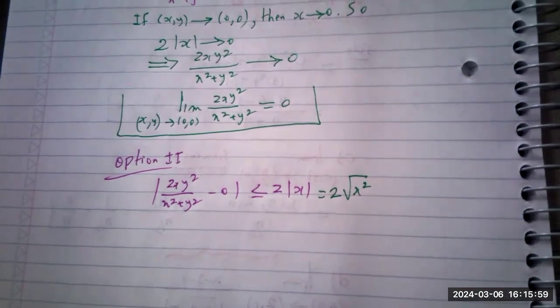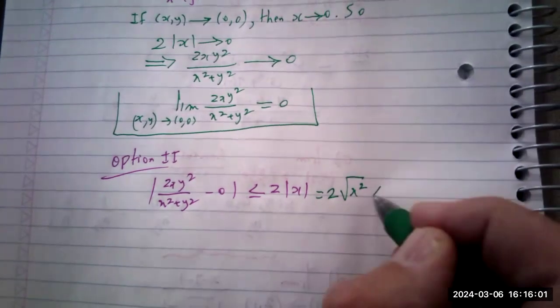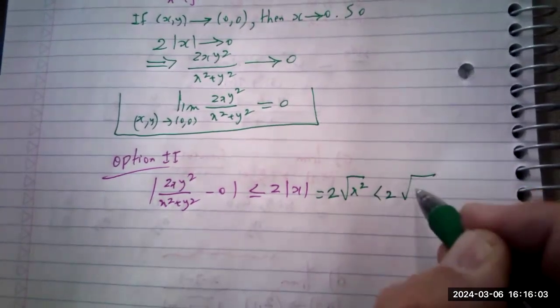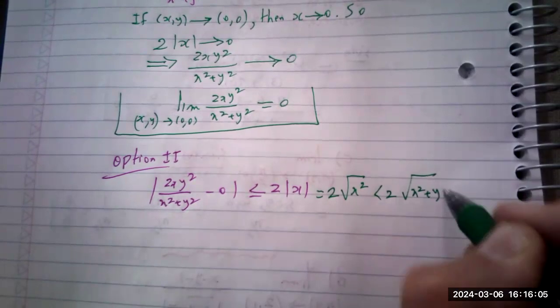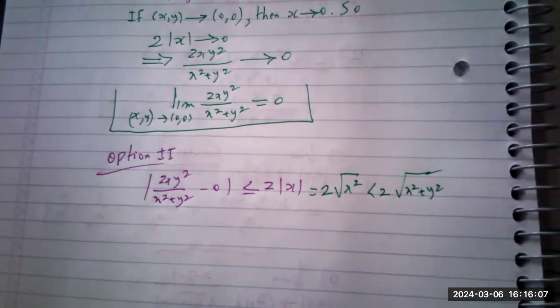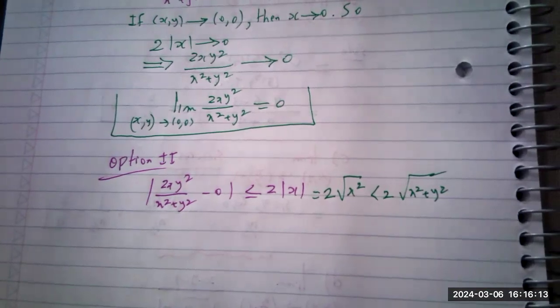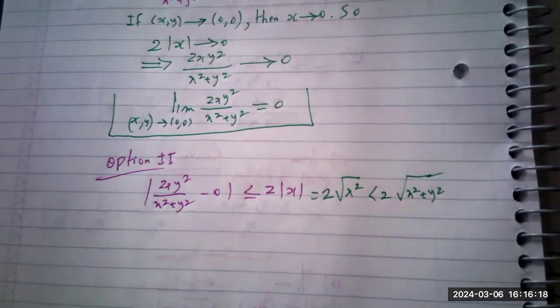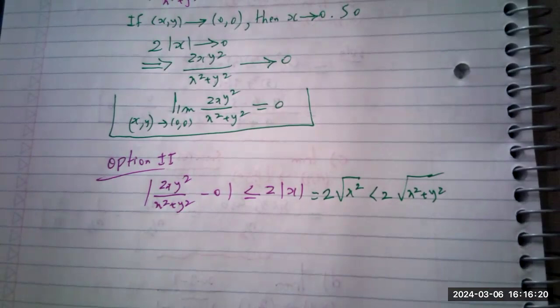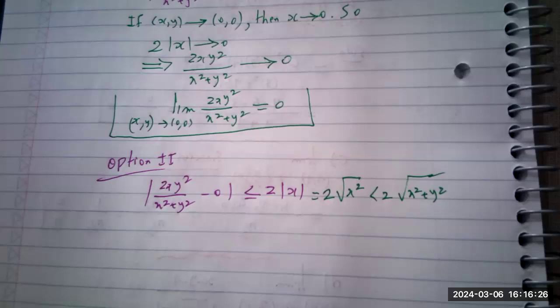Now 2 times the square root of x squared is less than or equal to 2 times the square root of x squared plus y squared. You have the x squared, you add the y squared to it. But you know that the square root of x squared plus y squared is the distance of a point to the origin, or the norm of the vector (x, y).